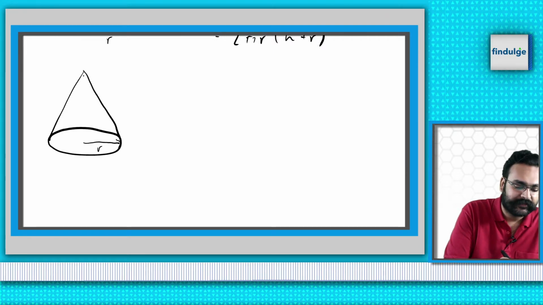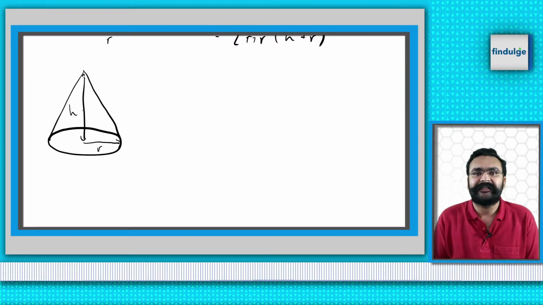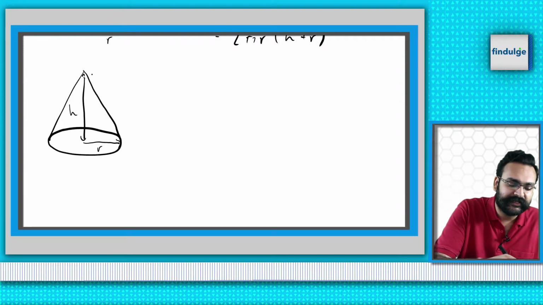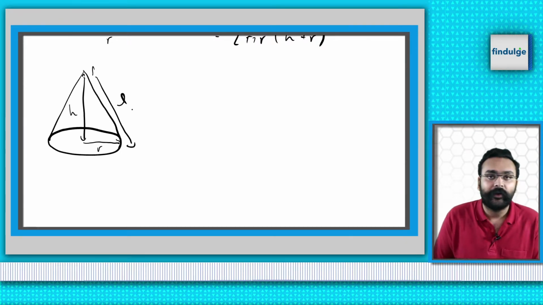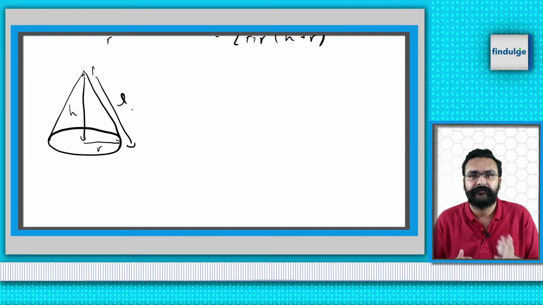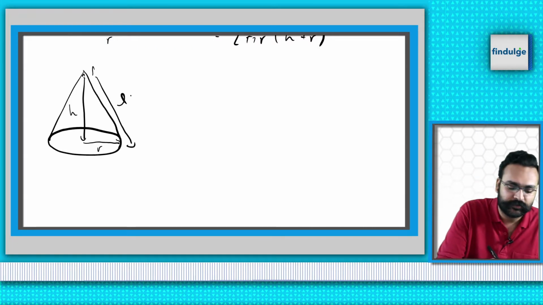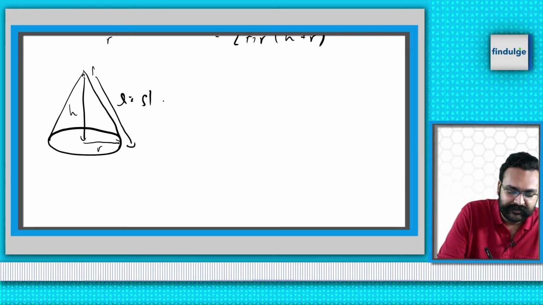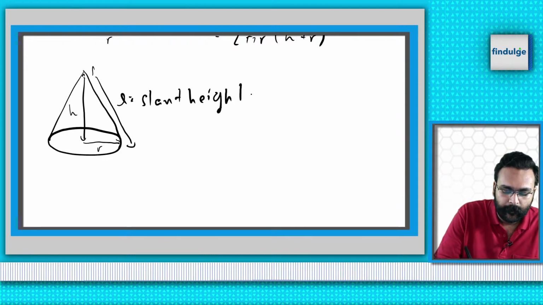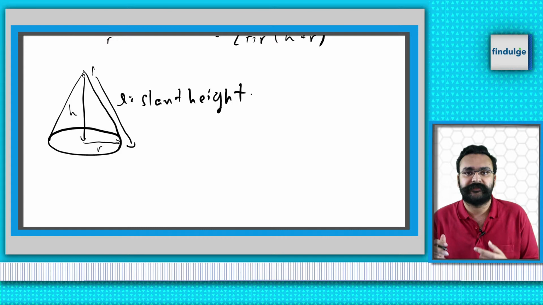Your cone has a height, and your cone has a third dimension which you can see here, known as the L, or the lateral length, the slant height. Its use comes in surface area.